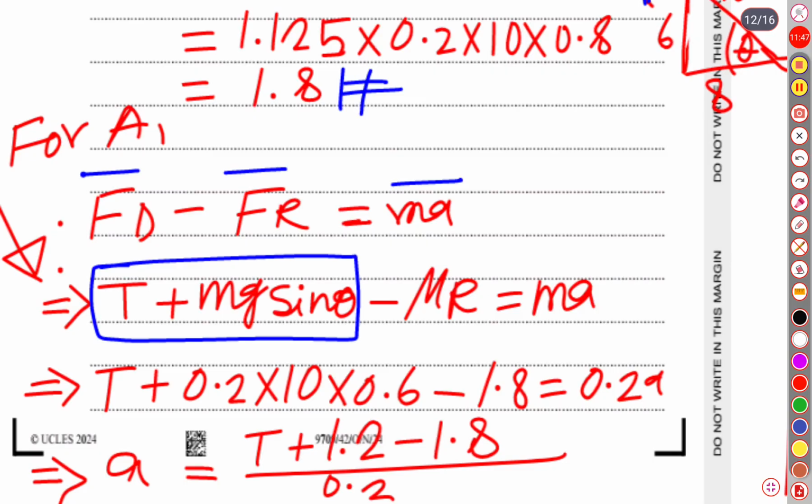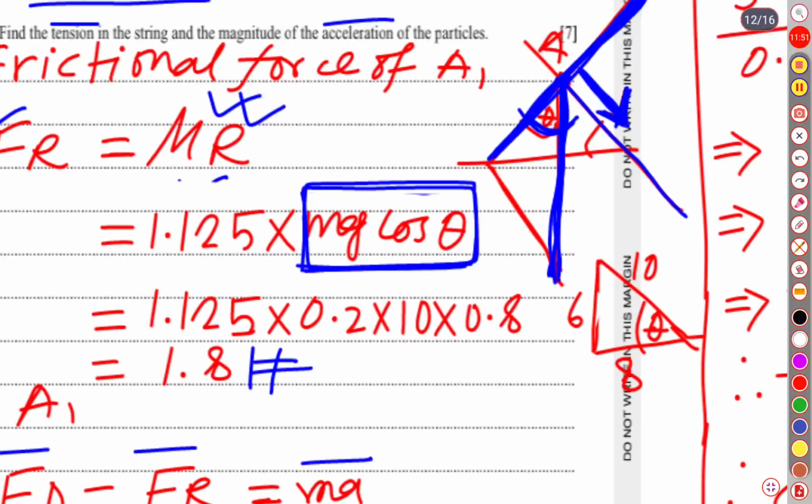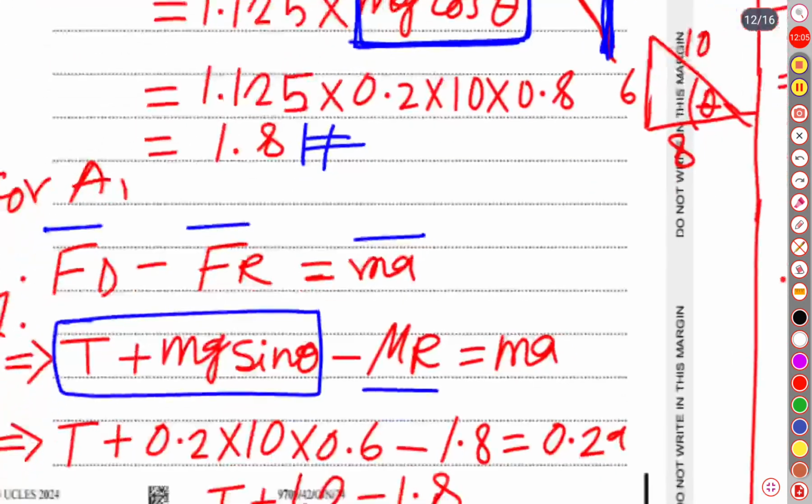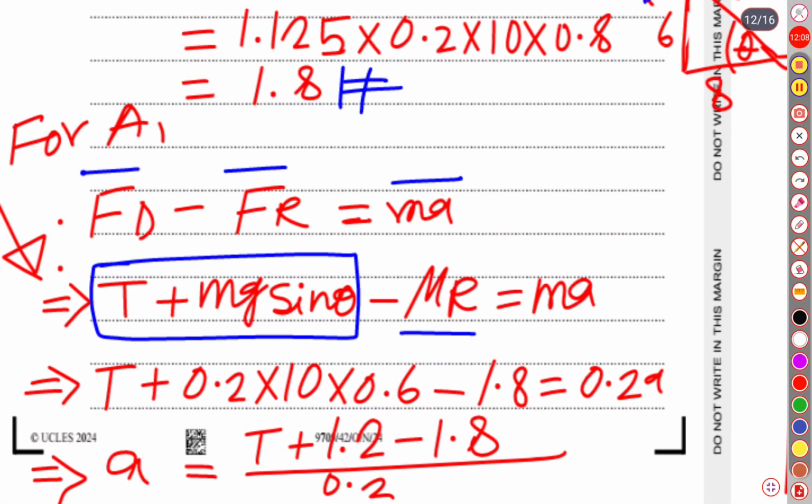Then the resistance force we have already decided for particle A. There is no other resistance force except the frictional force, because the plane is rough, not smooth. The frictional force is mu R, which we have already obtained prior to the main solution.